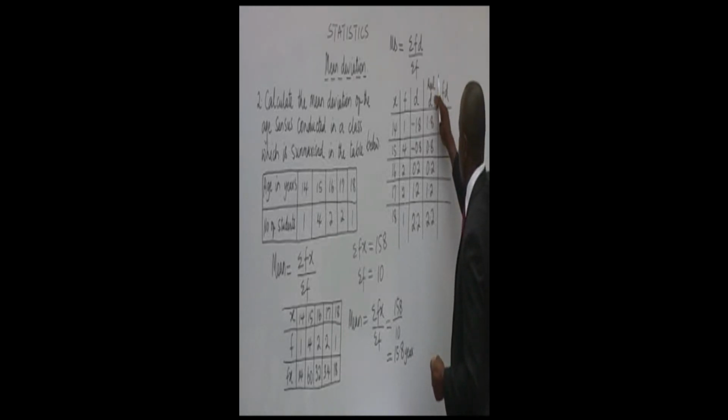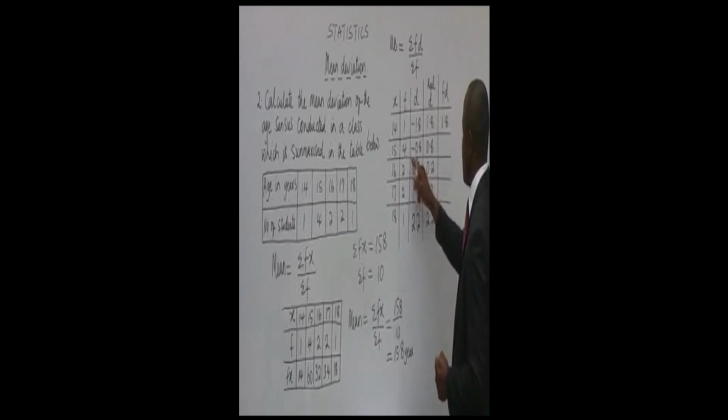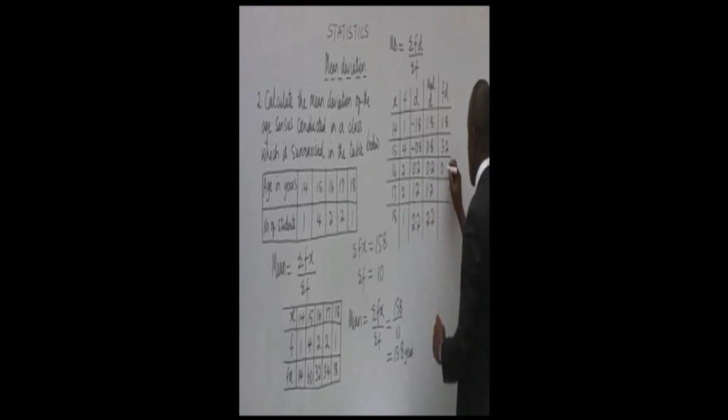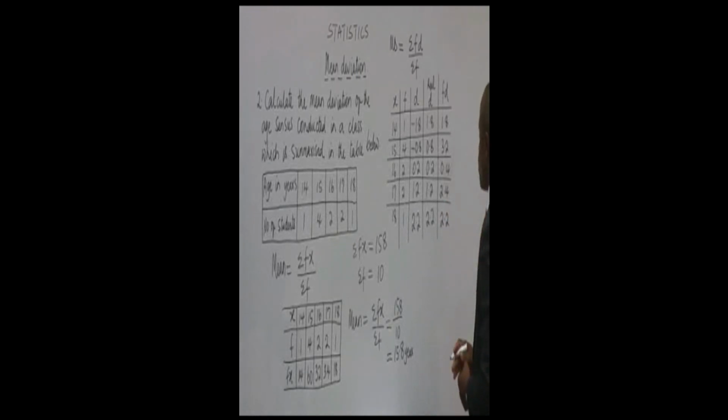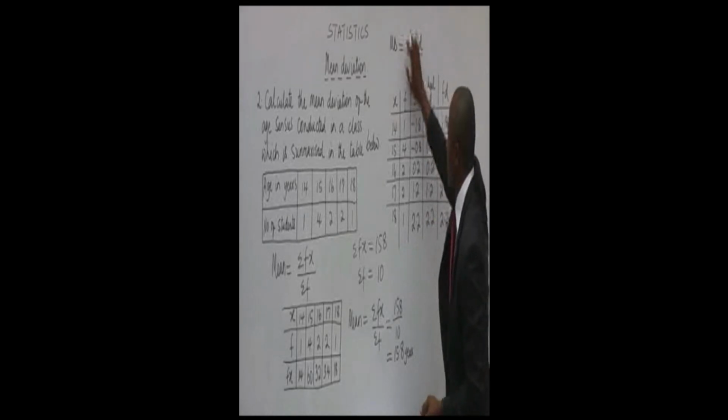Now what we go into is multiplying the real deviations with the frequencies. 1 times 1.8 gives you 1.8. 4 times 0.8 gives us 3.2. Now 2 times 0.2 gives you 0.4. 2 times 1.2 gives you 2.4. 1 times 2.2 gives you 2.2. Now let's go back to our formula.